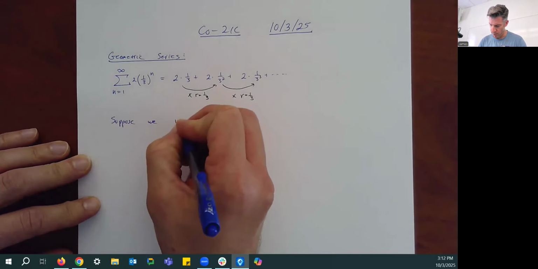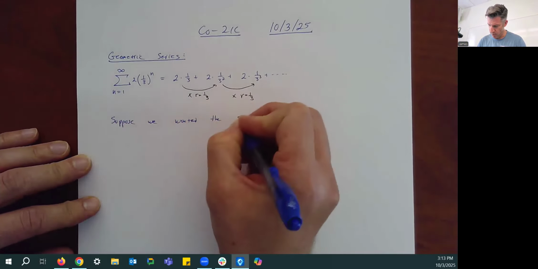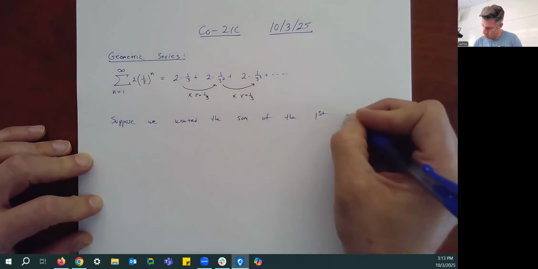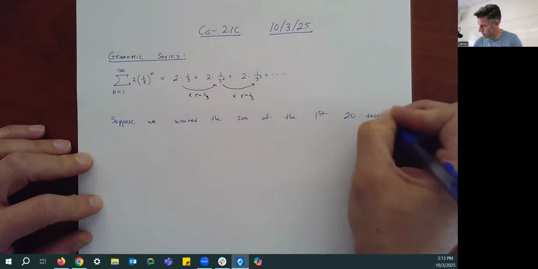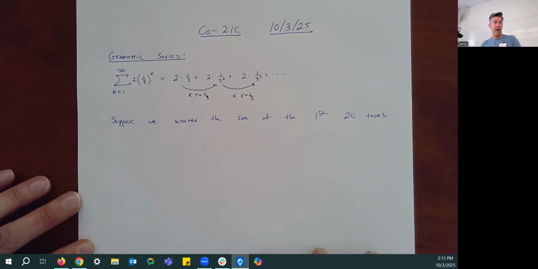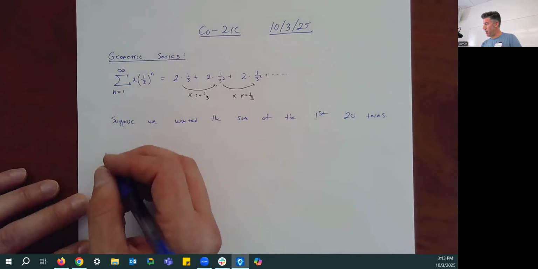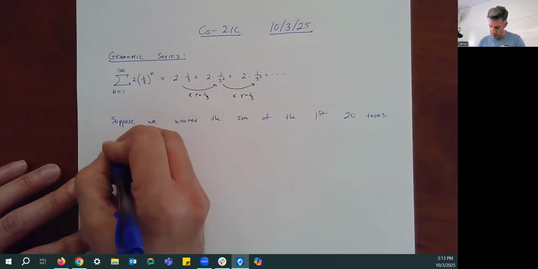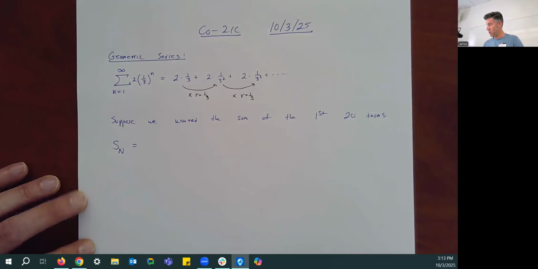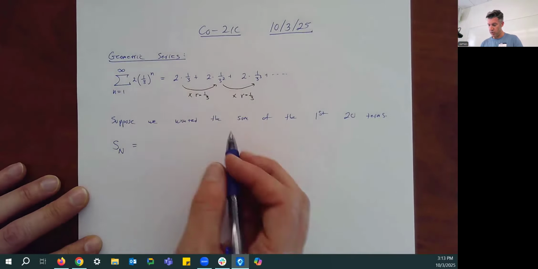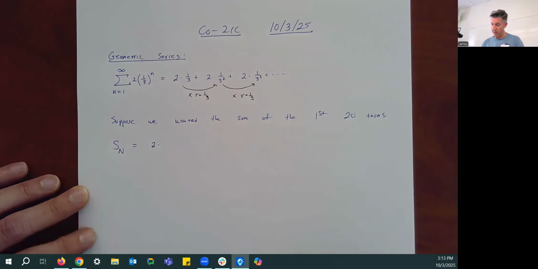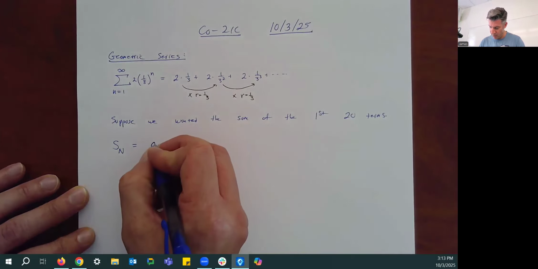So let's say, suppose we wanted the sum of the first, I don't know, 20 terms. So I'm going to write this out very generically instead of using this particular formula. So my general nth partial sum is going to look like my first term, which I'm going to call A. That's where we usually start.